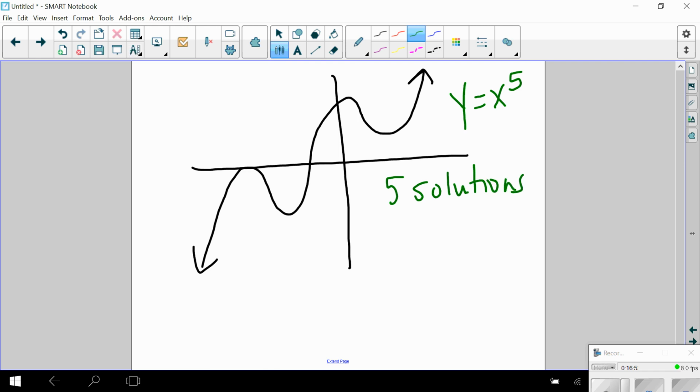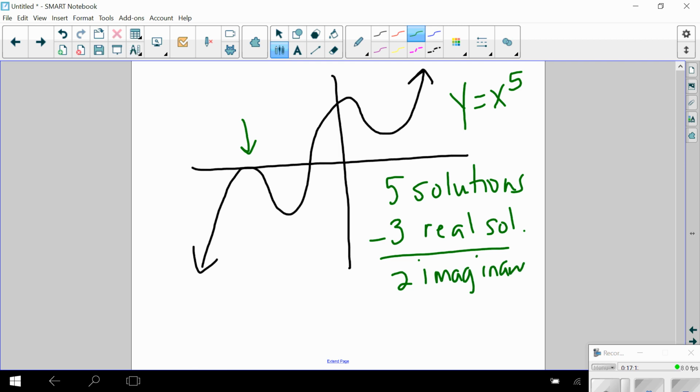It touches the x-axis 2 times, but one of them has a multiplicity of 2. So I technically have 3 real solutions, which means that I have 2 imaginary. But of those 3 real solutions, I know that only 2 of them are distinct.